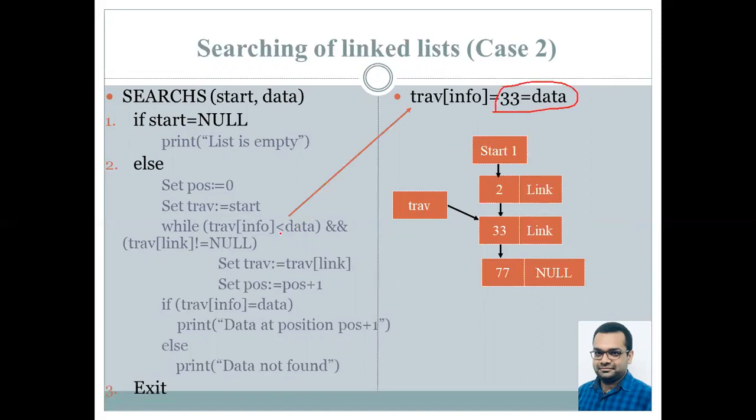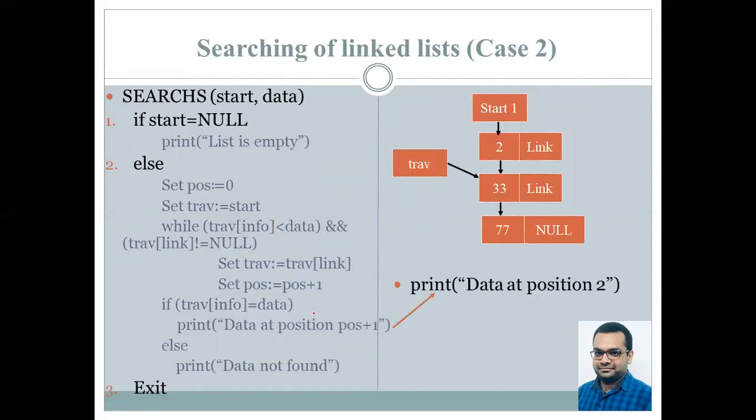So now you can see this less than condition is false, and this being a logical AND of these two conditions, even though traversal link is not null, it will cause this while loop to terminate, and these statements will not be executed. So the control jumps out of the while loop and sees, yes, traversal information equals data, so we print that the data is found at position 2.